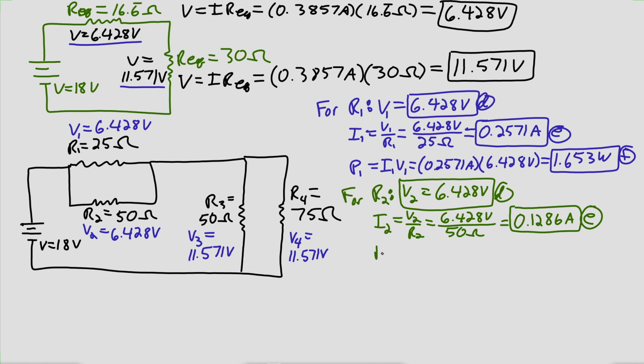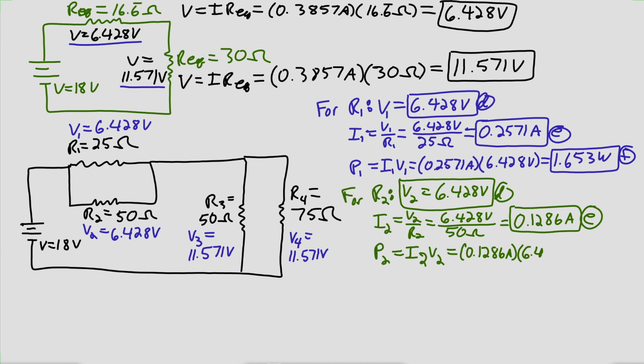And then P2, and again we're using Watt's law. P2 is going to be I2 times V2. I2, we just figured out, 0.1286 amps.